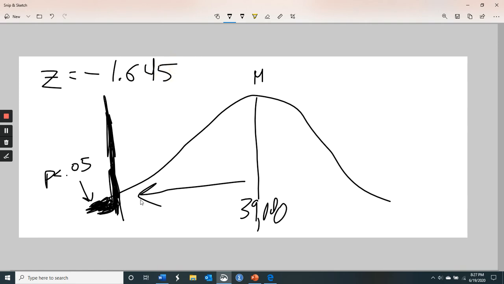That 1.645 is that line where there's just 5%. 5% here or 5% here if we're doing the other direction. But we aren't doing it, so I'm going to erase that. It's not a two-tail, but that's where the 1.645 comes from. So the z right here, this line, is the z where it's 1.645. So we want a negative 1.645.